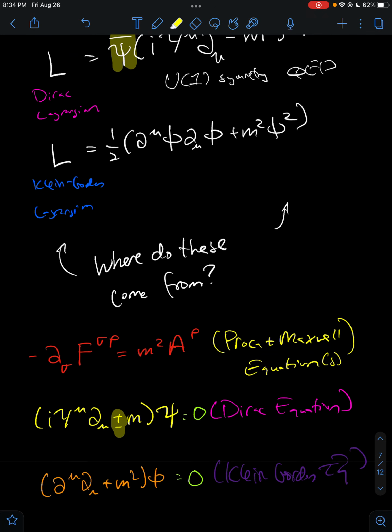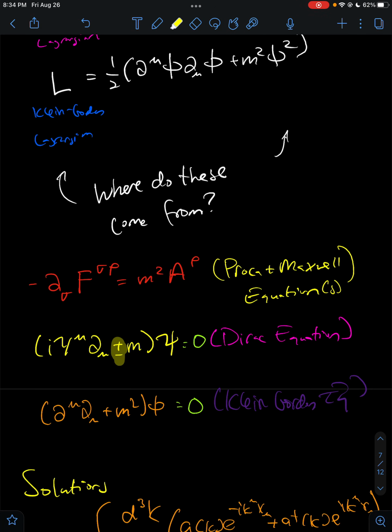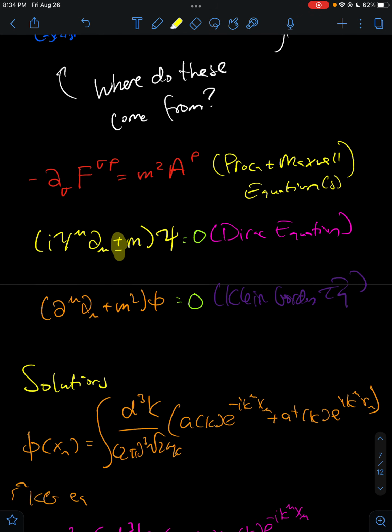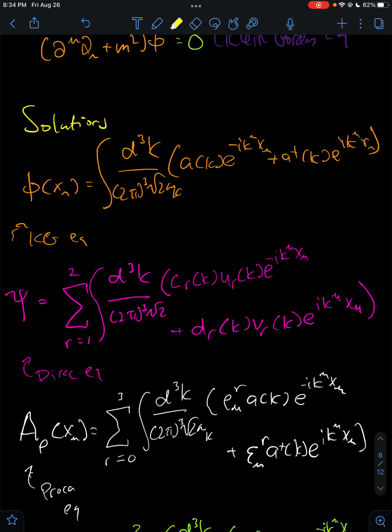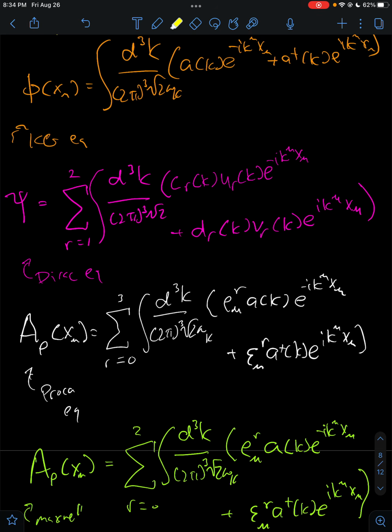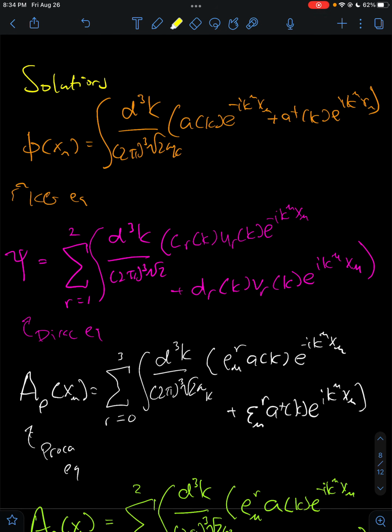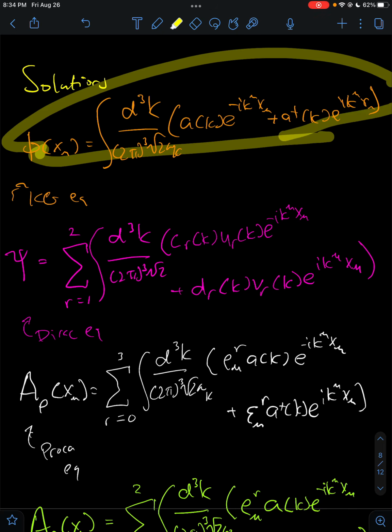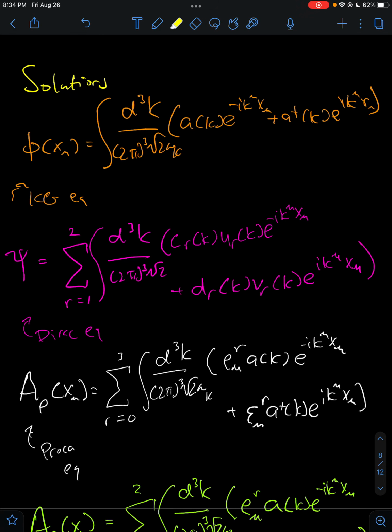So we actually solved each and every one of these equations. We solved them all, and here are the solutions. They are very intimidating, I know, but when in doubt, refer back to the scalar field for a lot of cases, because the scalar field is sort of what builds the other fields. We notice that our scalar field is a superposition of plane waves.